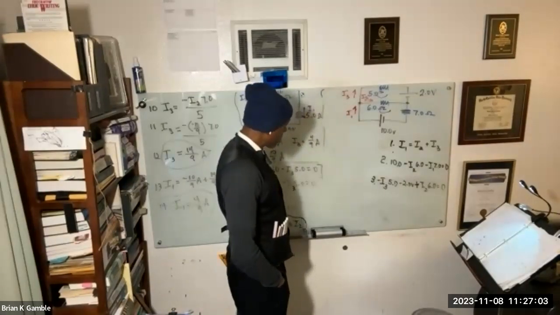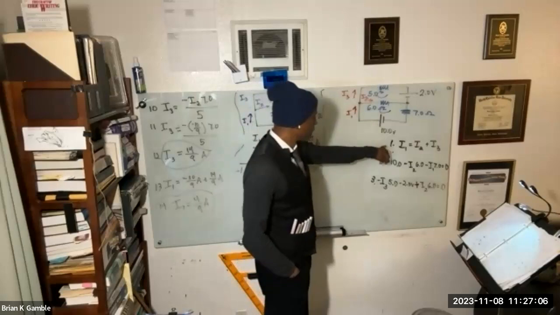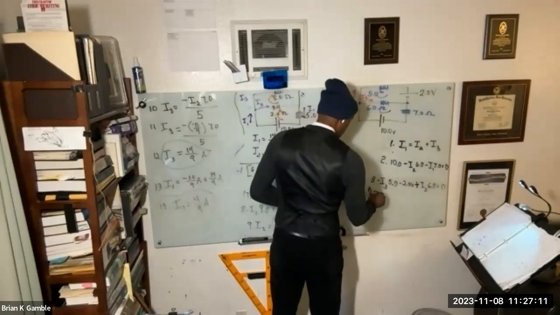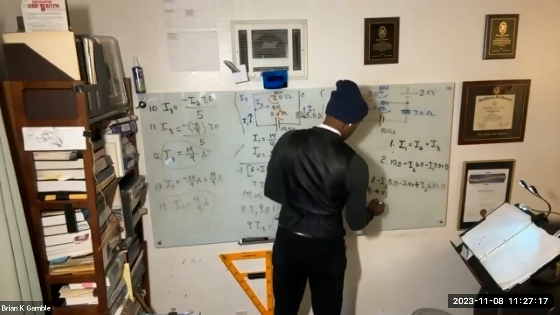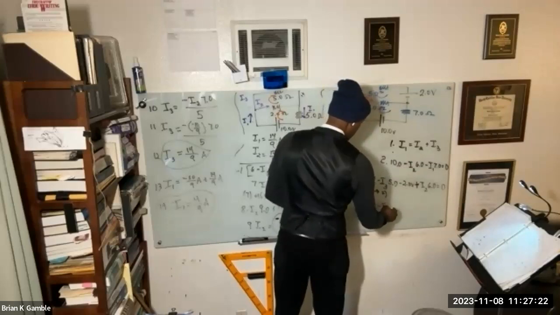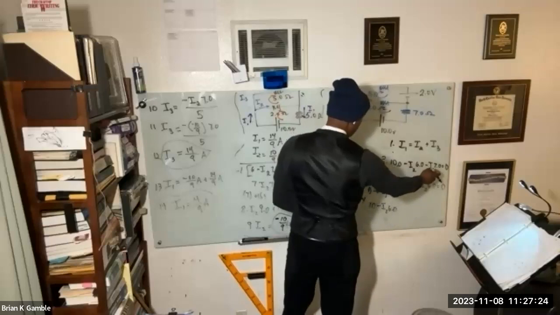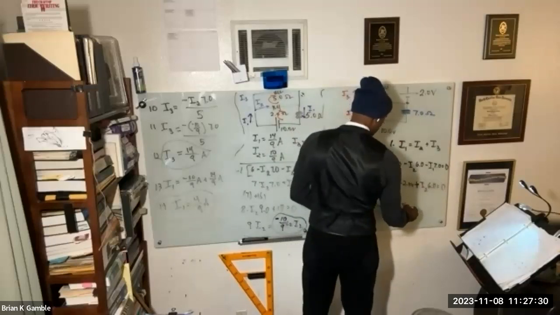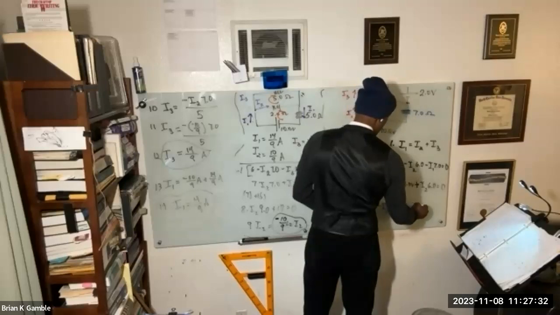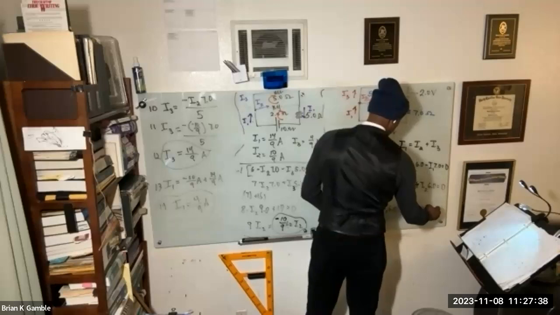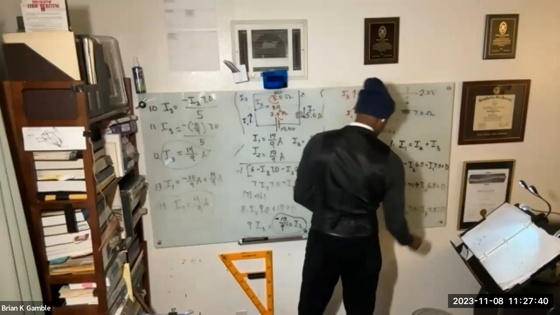What did I say we were going to do? Yeah, so again, loop 1 into 2. That's going to give the 10, minus I2 times 6, and then minus 7 times I2, and minus I3 times 7, and then equals 0.